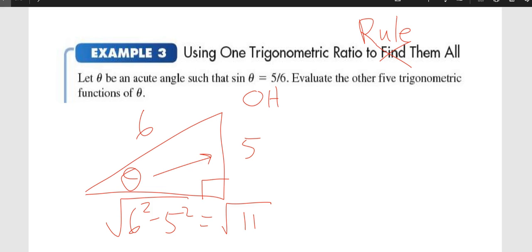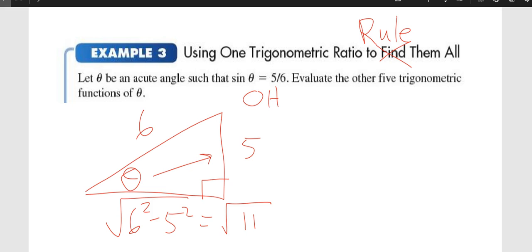You've never heard of a Pythagorean triple? A Pythagorean triple means that the values are all integers. And for those of you who don't know this, the most famous one is 3, 4, 5. Every multiple of 3, 4, 5 is also a Pythagorean triple, such as 6, 8, 10.